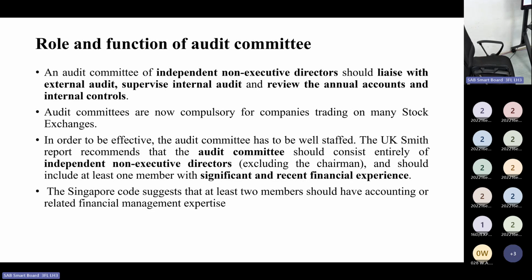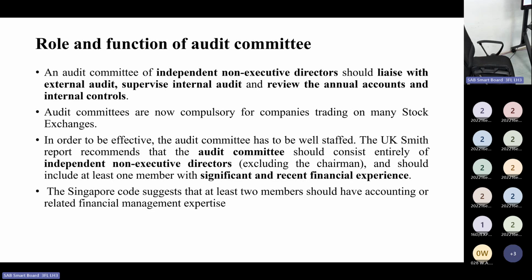So many or most of the time, chartered accountants will sit on the audit committee, because they are updated with the auditing knowledge which is needed for external and internal audit, internal controls, and ensuring the right preparation of financial statements.